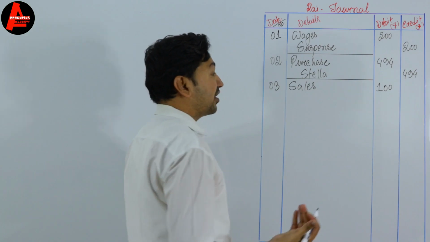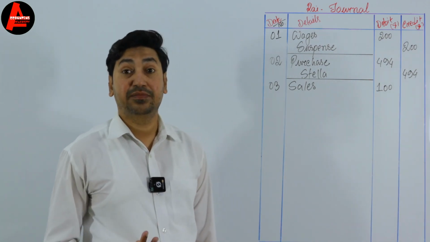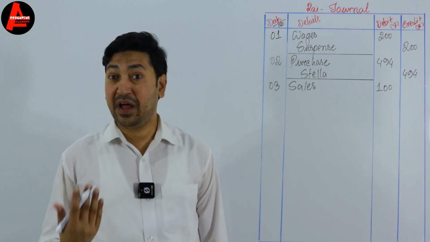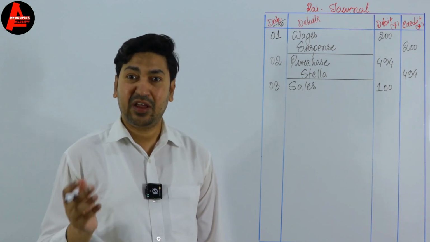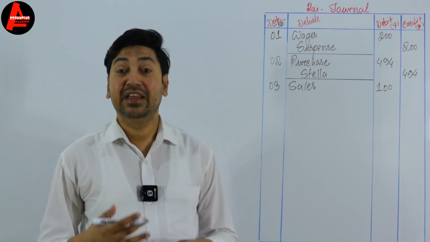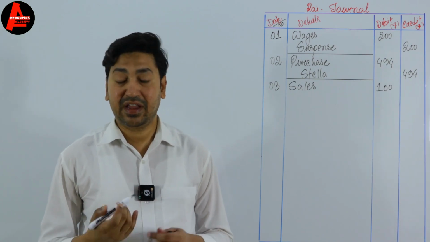Okay, now what about rent payable? Rent is an expense. Yeah, here expense has already been overcast by $100. Now we need to decrease rent by 100. Rent is an expense. It has a debit balance. Normally it is a debit account.